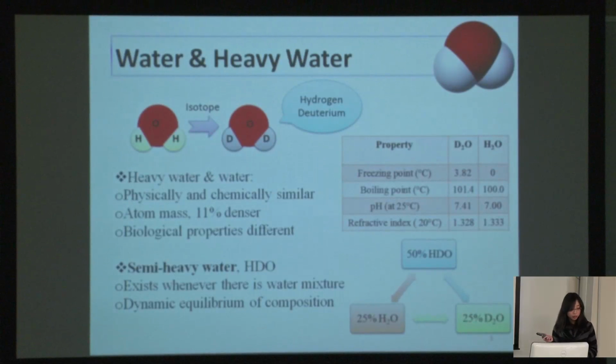But the biological properties of water and heavy water are different because of the different atom mass, the incremental strength of the deuterium oxygen bond. Semi-heavy water exists whenever there is a mixture of distilled water and heavy water.